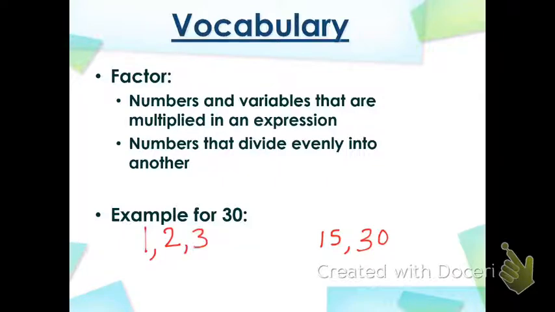Or 3 times 10. Or 4 doesn't work. If I were to do 30 divided by 4, I'd get a decimal, so 4 won't be on my list. Or I could do 5 times 6. So all of these integer values that multiply to 30 are the list of factors of 30.